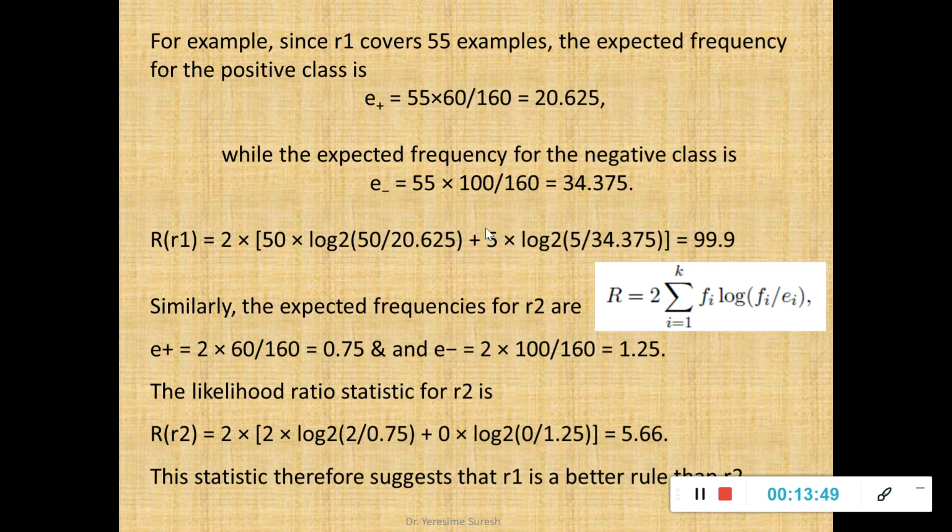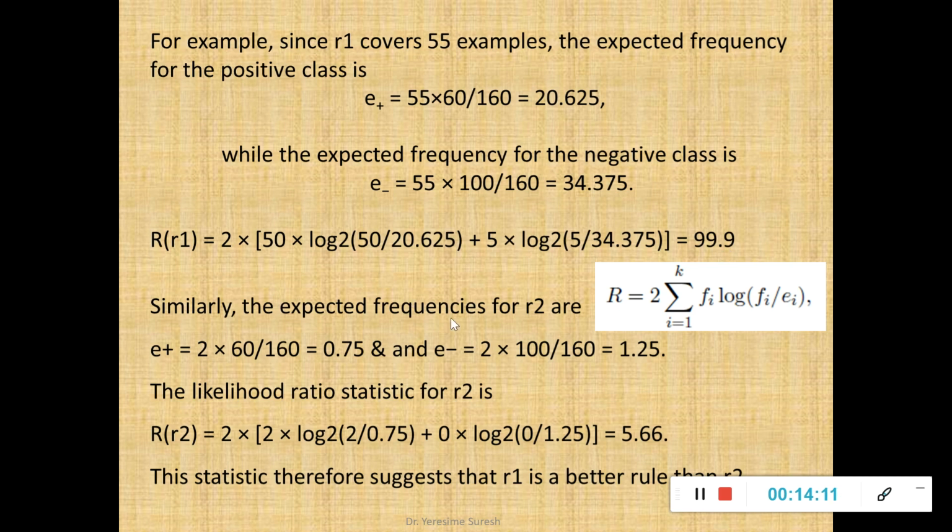Rule R1 is covering 5 negative instances. 5 into log base 2 of 5 divided by the expected frequency of negative instances, 34.375. That is what I have calculated. Now the likelihood ratio statistic, the R square, I have determined it as 99.99.